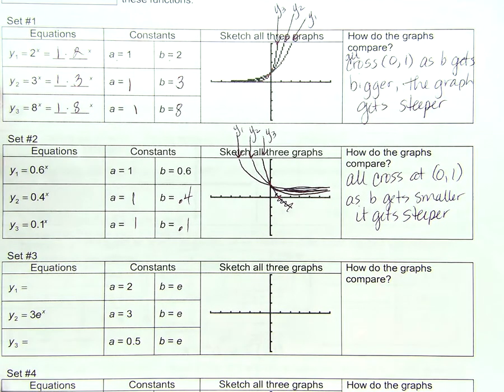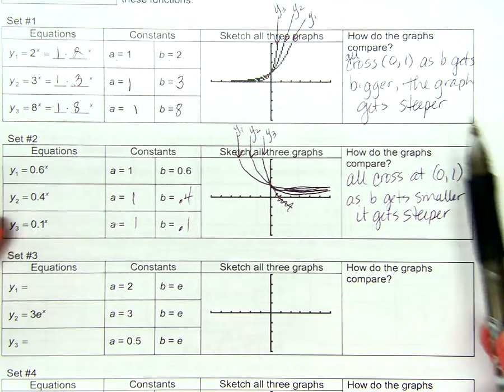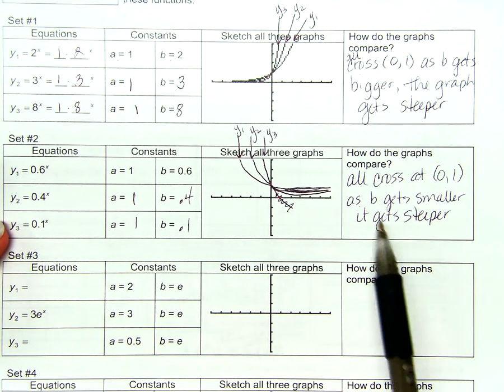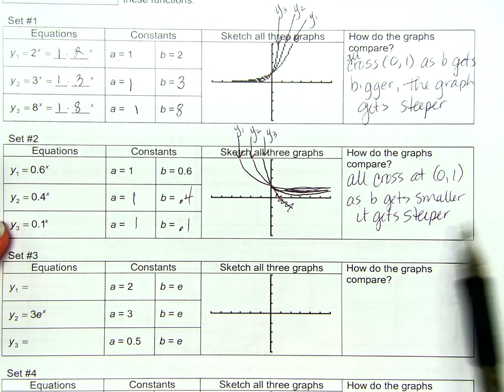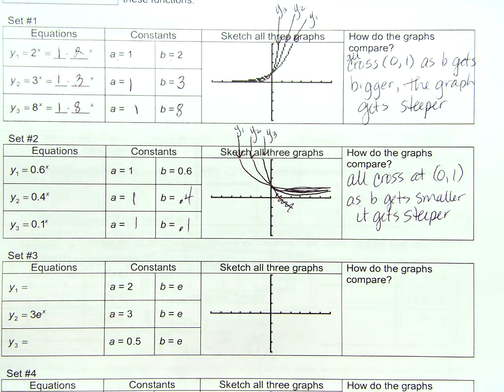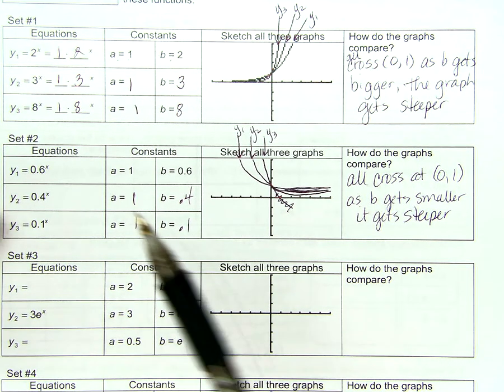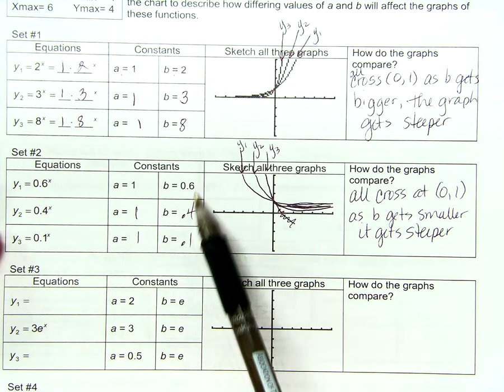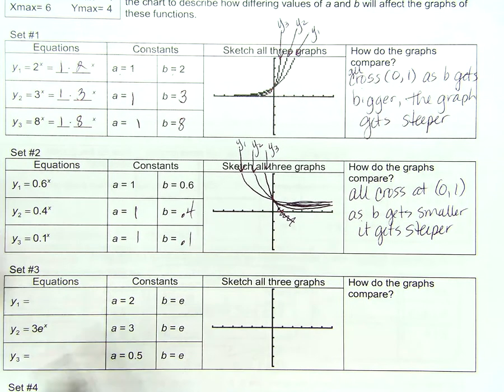Is that what you said, Monty? But this says as B gets bigger, the graph gets steeper. And this says as B gets smaller, the graph is steeper. Oh, so you think it has something to do with the fact that these are bigger than 1 and these are between 0 and 1?